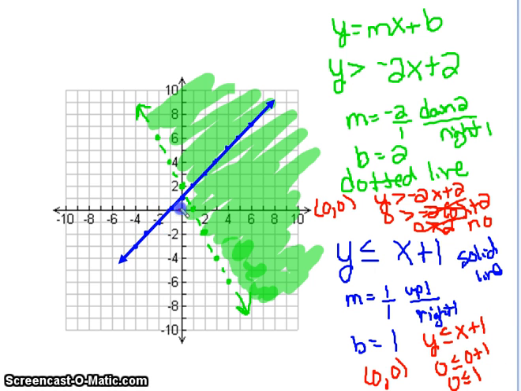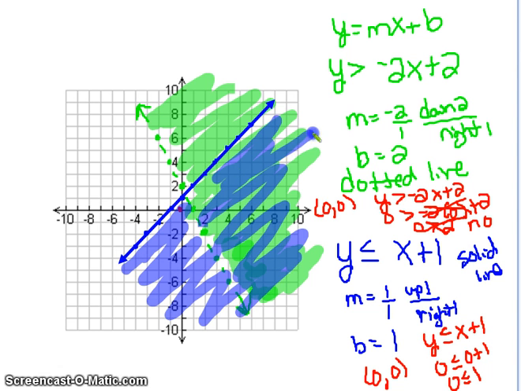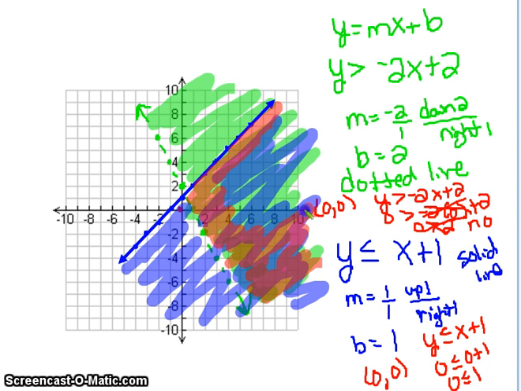So you can see right here, for the blue line, we're going to go in this direction. We're going to go where 0 is true. And so all of this section right here, see where my lines cross? Right here, all the red. You may want to use colored pencils.